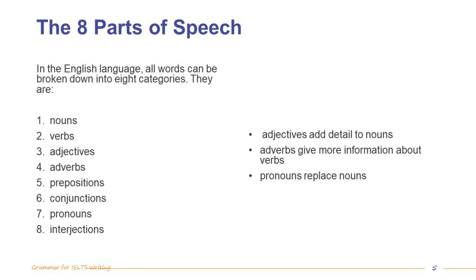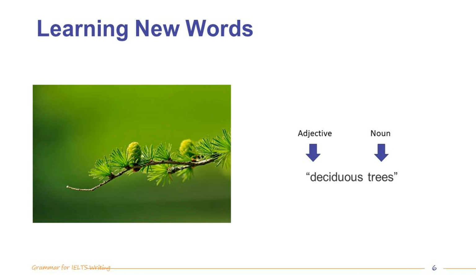Let's take the IELTS reading exam for an example. If you're reading a passage about trees and you come to the phrase deciduous trees, how can parts of speech help you? Well, trees is of course a noun. Clearly, deciduous is giving some information about the tree. Therefore, it is an adjective.